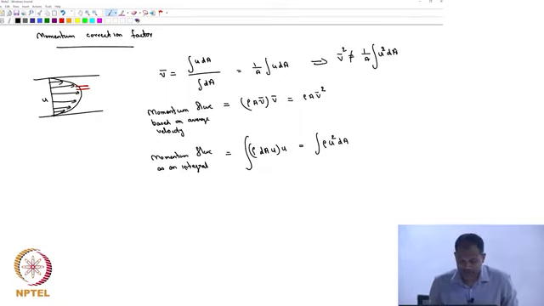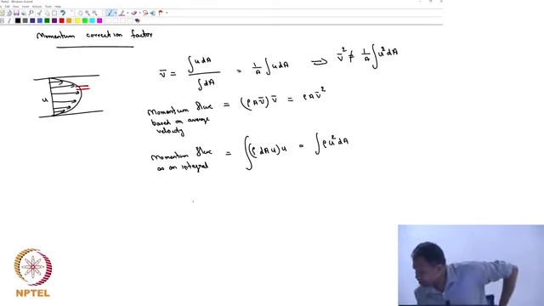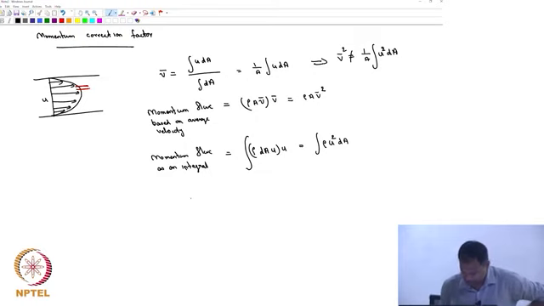So whenever you write down momentum flux, you have to be careful. If you write your momentum flux based on your average velocity, you are actually not getting the correct value. You will be making a difference, and that difference is denoted by the factor beta.